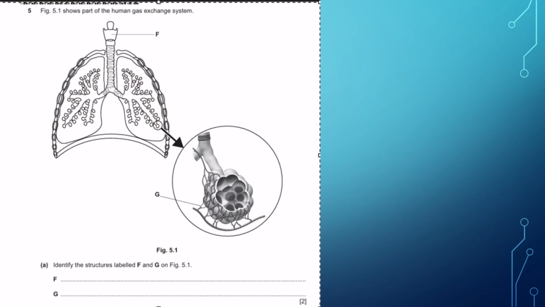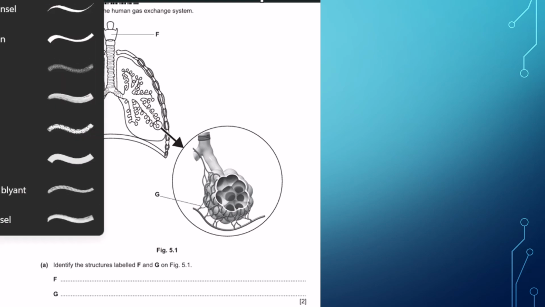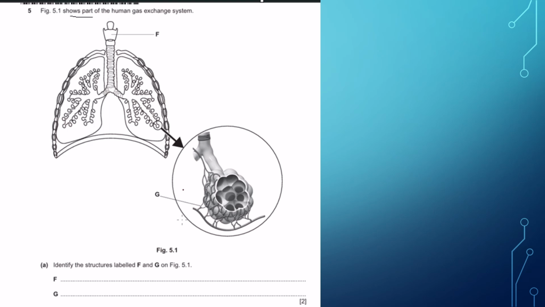This is also from the same test. And here we show part of the human gas exchange system. We are asked to identify the structures up here, F and G. F here is the larynx.